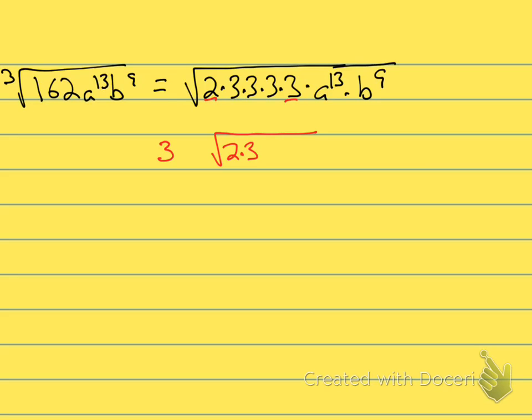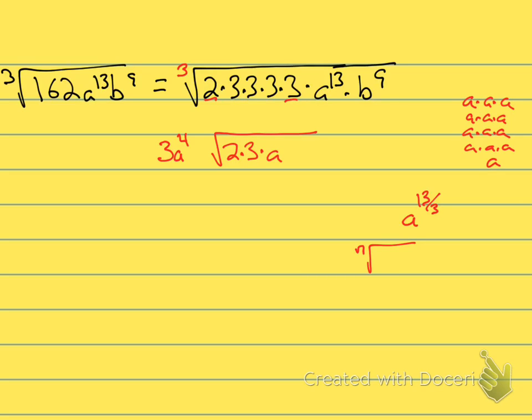Now, instead of taking a to the 13th and writing that 3 times to see how many a's are going to come out, there are 12 a's and one more makes 13. So this tells us 1, 2, 3, 4: 4 a's are going to come out, but 1 a is going to be left inside. Instead of doing it this way, what we can understand as mathematicians is that this is going to be 13 divided by 3.